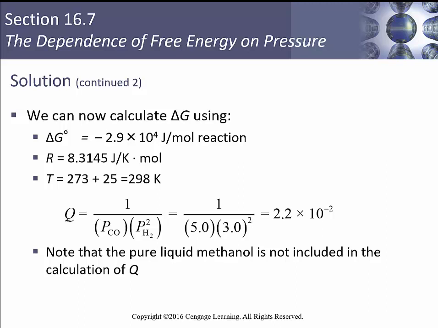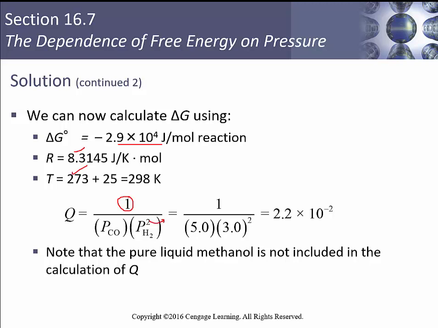We can now calculate delta G using the delta G naught we just calculated. We know our R. We know our temperature. We're going to calculate our Q. So we're going to have that 1 up there, remember, because that was a liquid. Partial pressure of the carbon monoxide, partial pressure of the hydrogen squared, that should be on the outside.